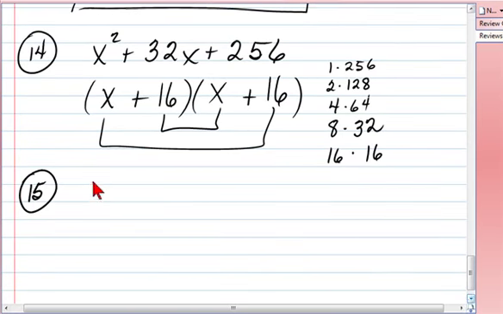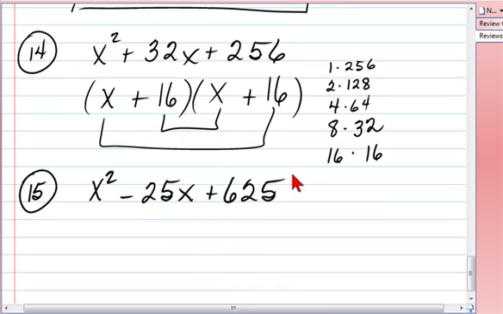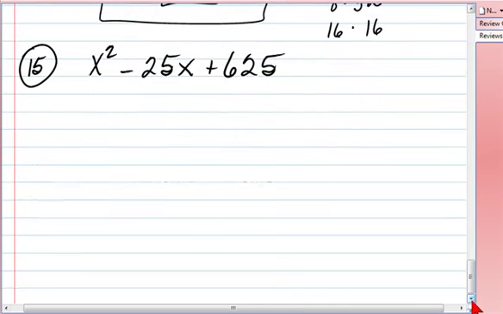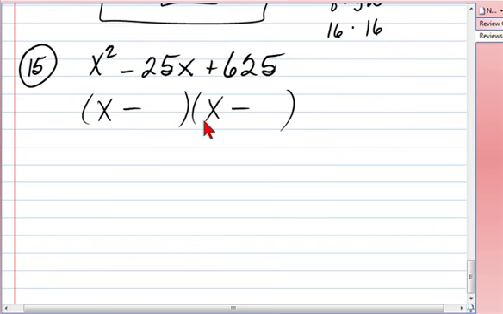All right, 15. I have x squared minus 25x plus 625. Alrighty, another even bigger number, but actually it doesn't have as many factors. All right, no common factor, trial and error. Tell me about the signs. Both minus, x and x, so this shouldn't be too bad.